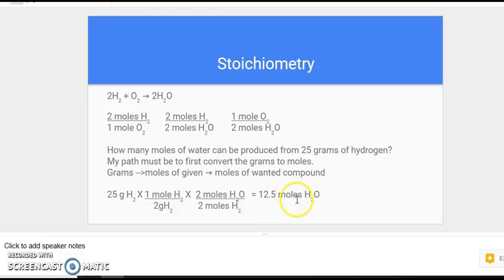You can imagine if I wanted my answer in grams, I would need one more conversion factor because I'd have to go from moles of water to grams of water. So I would need that additional conversion factor that had the molar mass in grams of water over 1 mole of water, so that moles of water would cancel out.